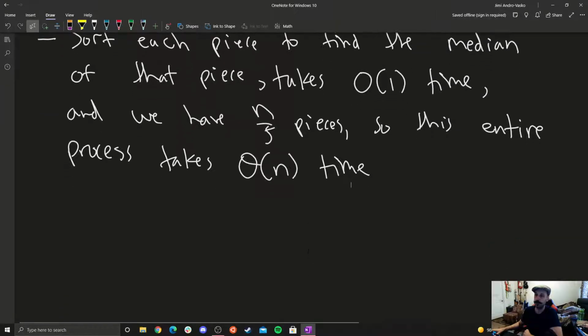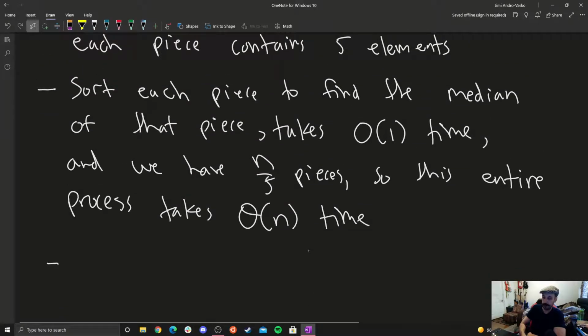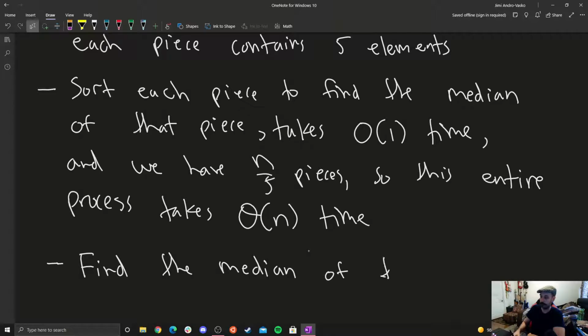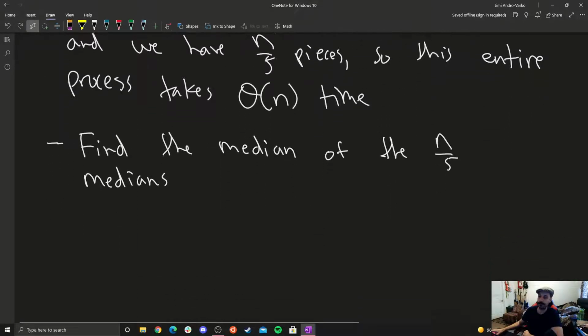Now we want to find the median of the n over 5 medians. Suppose n over 5 is a very big value. If that's the case, we have a new list of size n over 5, and we have to call the selection algorithm recursively on this list.